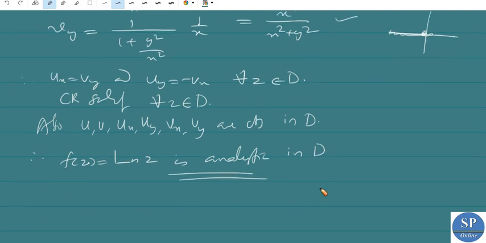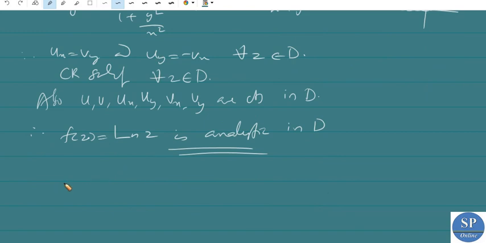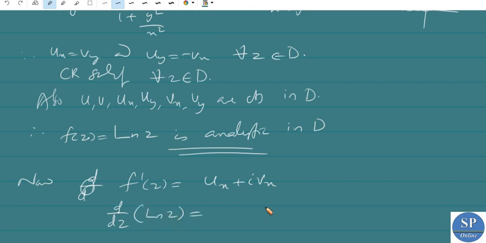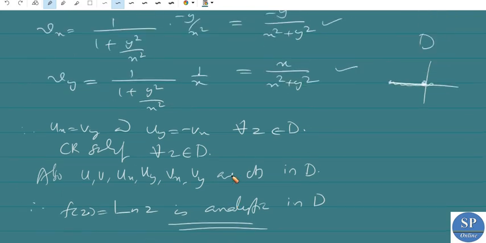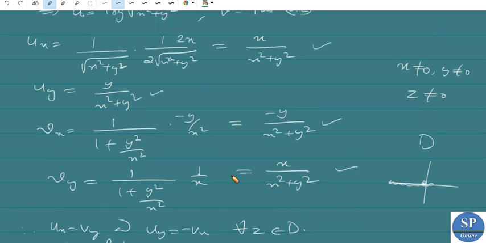Now by using this we can find the derivative. f dash of z is equal to ux plus i into vx, that is, d by dz of ln of z is equal to ux plus i vx. We have ux as x by x square plus y square, and vx as minus y by x square plus y square.